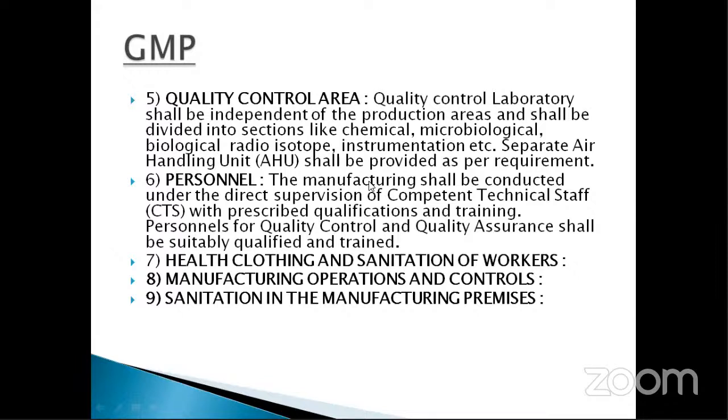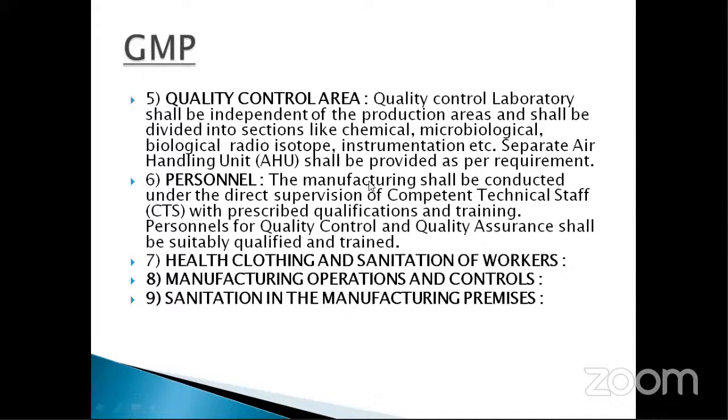There shall be a separate, segregated, secured area for recalled or rejected material. If any material has been recalled or rejected, you have to keep it in a segregated area, and for that purpose a separate area will be provided.